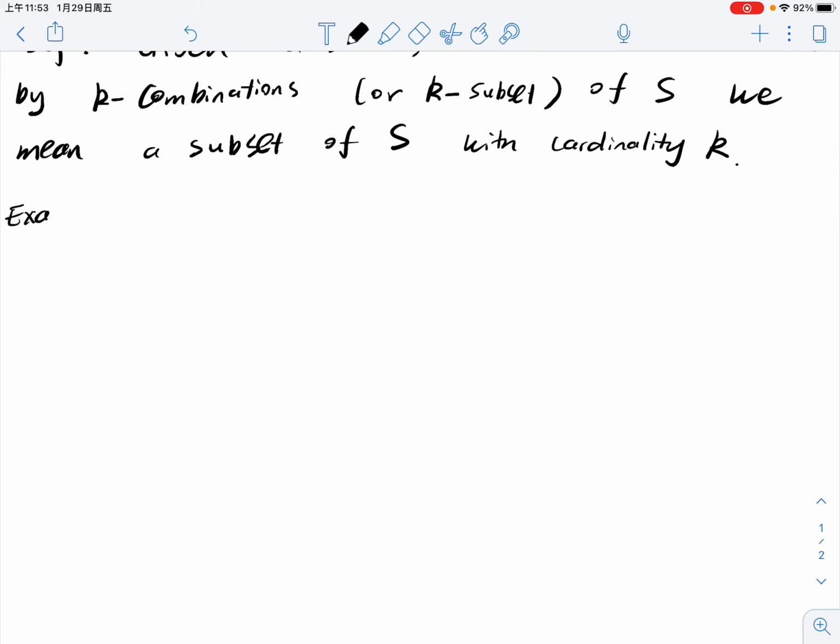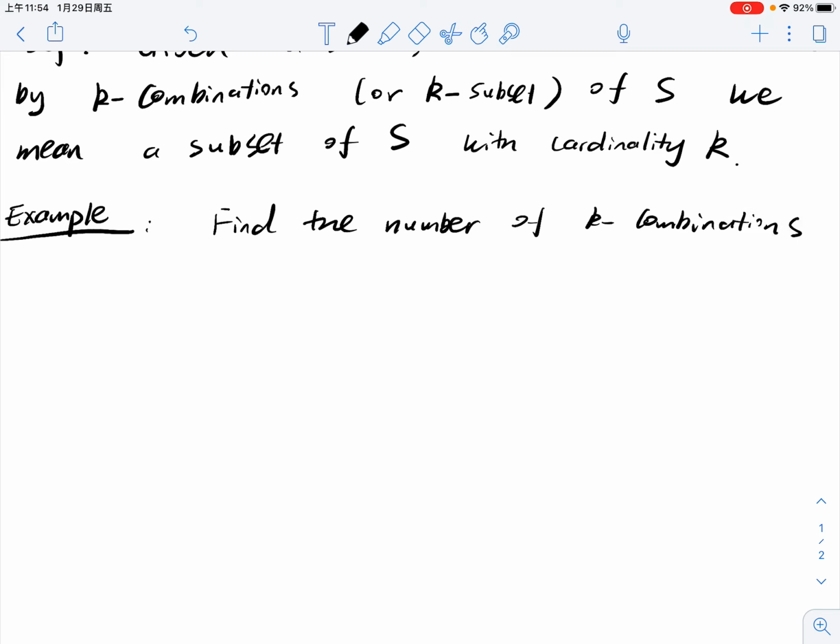So, example: find the number of k combinations of S with cardinality n.